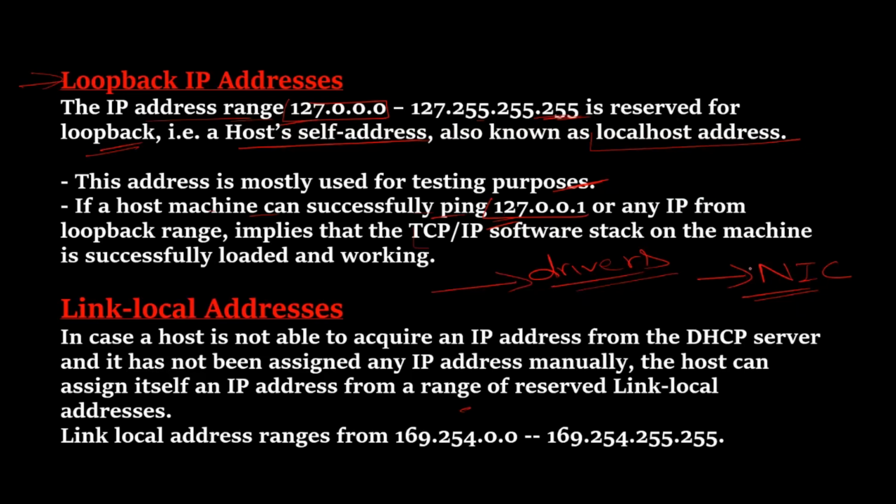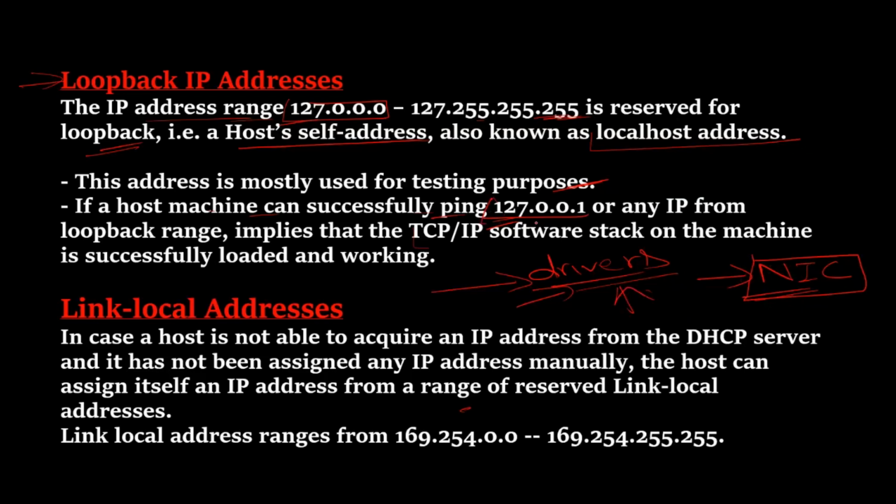The same thing is here. If you attach a NIC to your system, after that you need one driver if you want to use this NIC in your operating system, right? So when you apply any IP address on your NIC, that means you apply this configuration on the driver installed for this NIC.